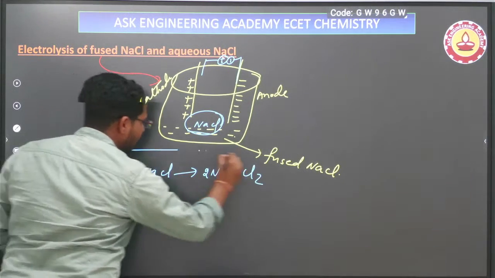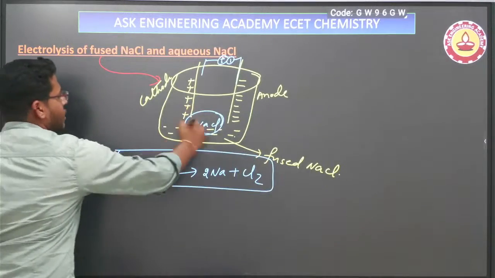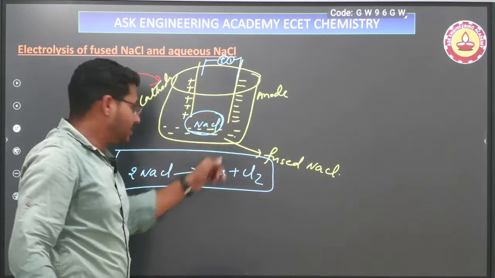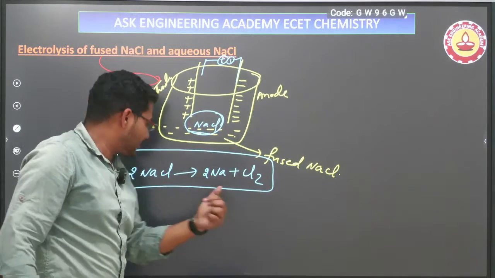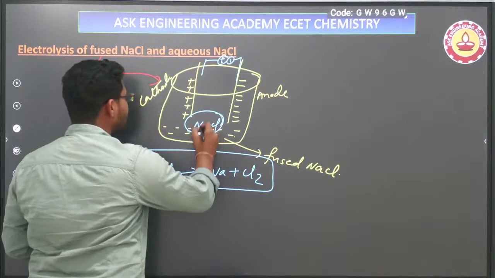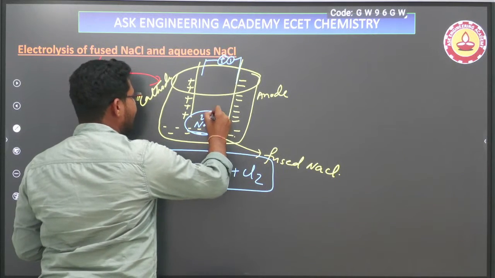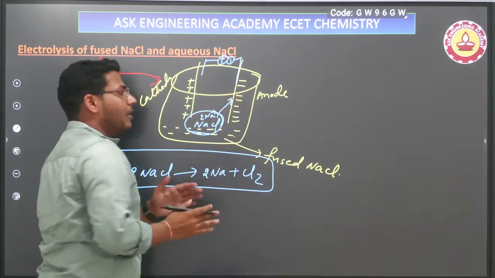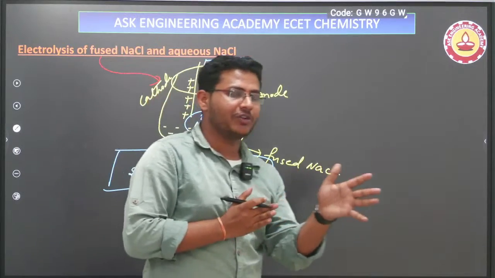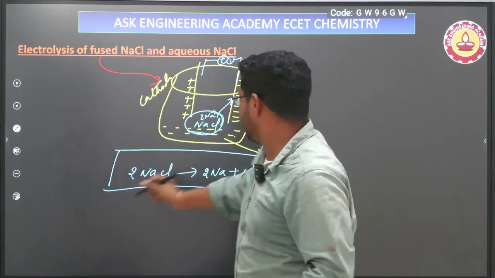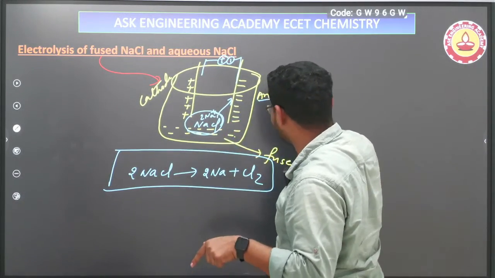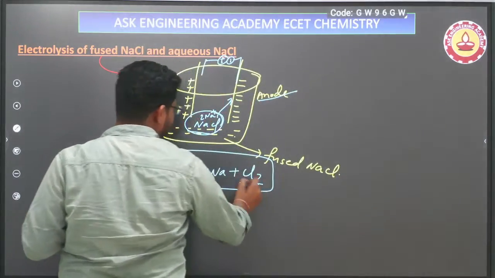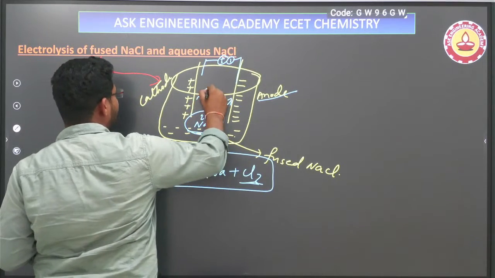This equation represents the chemical change happening here. When 2 moles of NaCl undergoes electrolysis, it gives rise to 2 moles of Na. The movement of ions always happens towards the opposite charge. Na is positively charged, so it moves towards the cathode. Similarly, Cl is negatively charged, so it moves towards the anode.